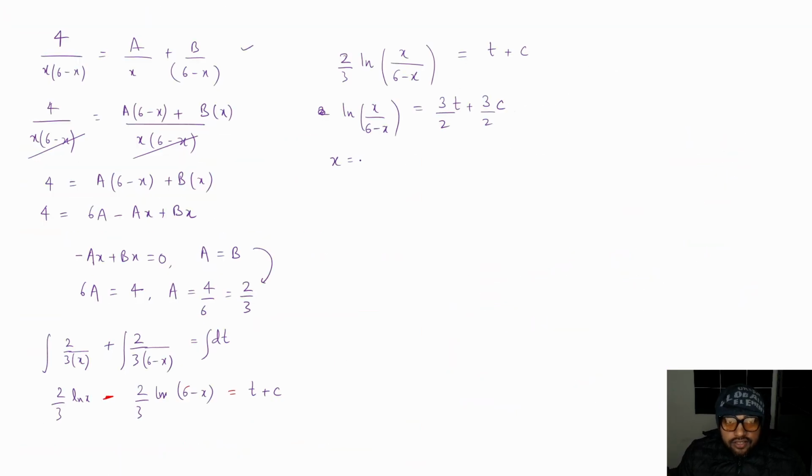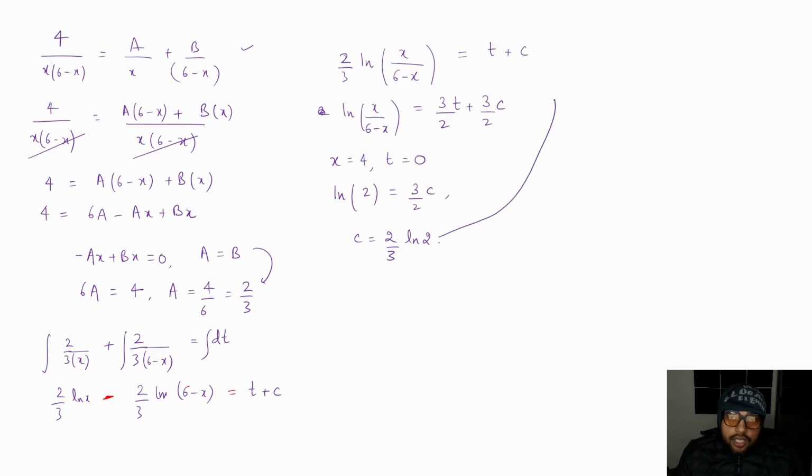We'll take x equals 4 and t equals 0, to get the value of constant c. If we plug in x equals 4 and t equals 0 in the above equation, we'll get log of 2 equals, this component will be 0, so we're left with 3 by 2 c. So c will be equal to 2 by 3 log of 2. Okay, thus we have got the constant value c.